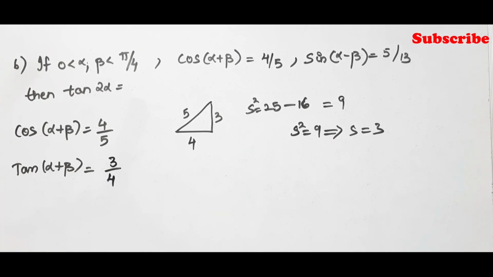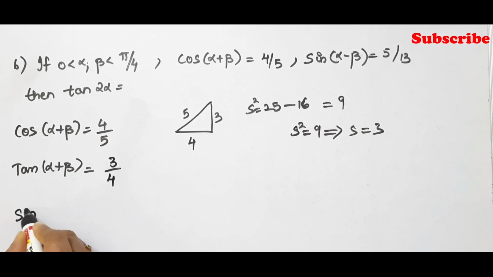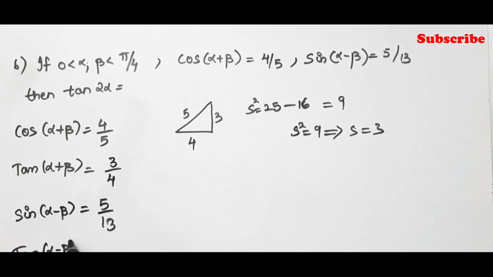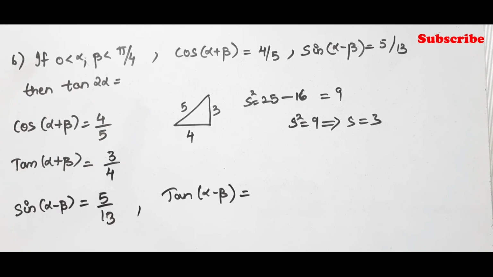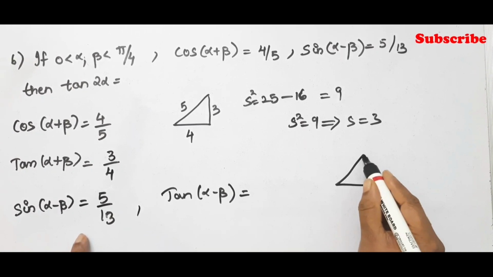So tan of alpha plus beta is nothing but 3 by 4. Okay. Next, they have given sin of alpha minus beta equal to 5 by 13. Here also we have to calculate tan of alpha minus beta similarly, using the triangle. Using this value, the triangle will be like this.